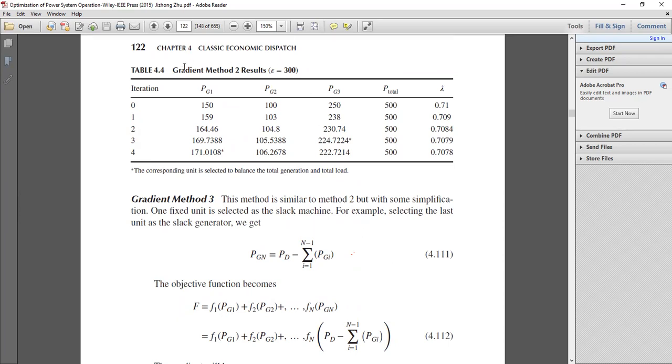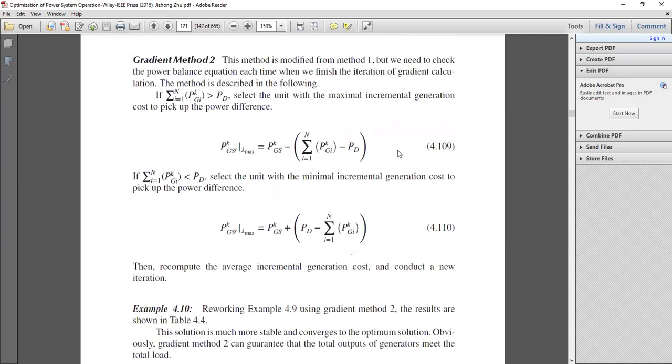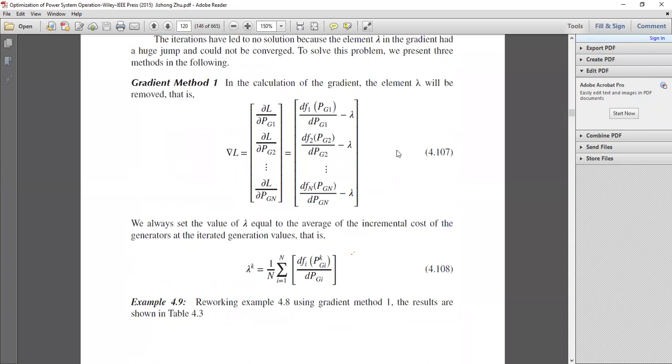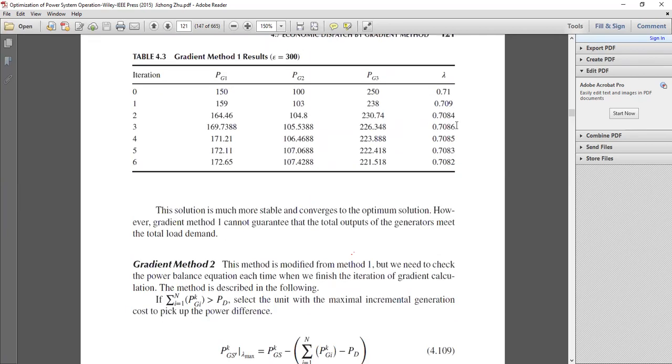Okay, so methods 1, 2, and 3, you will do later. But before that, the assignment that I said is associated with the base method, but with different epsilon. And gradient methods 1, 2, and 3, you have to do for preparation of the exam. You have the results given, you just have to cross check whether you are getting these values or not. But if you are stuck somewhere, then we can discuss, no problem.